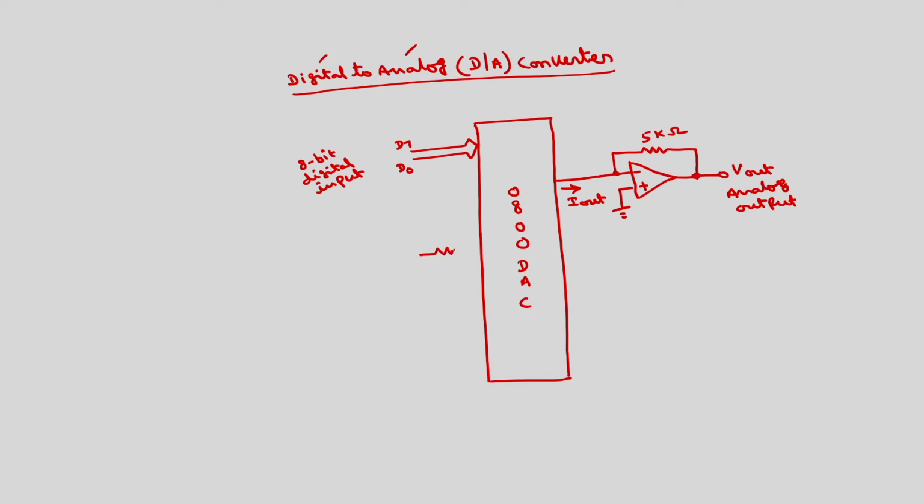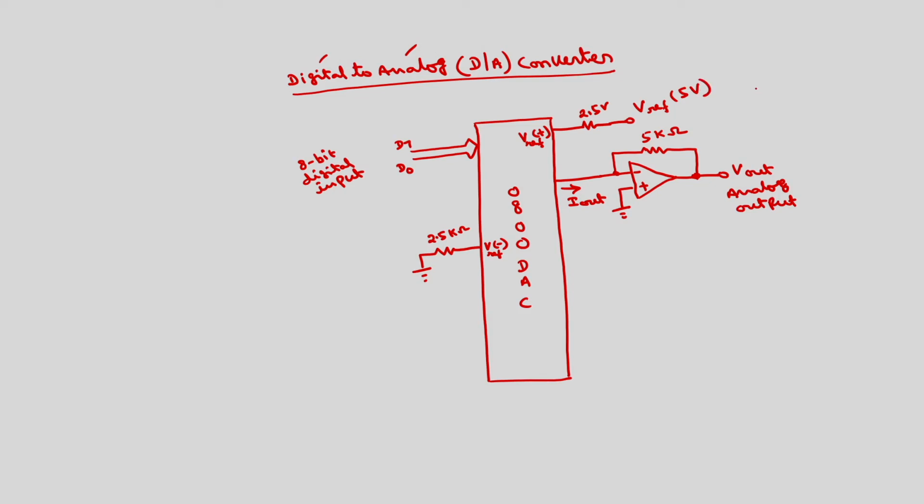If I want to use only a single polarity reference voltage, the other polarity has to be grounded. You have to connect through some resistance. Depending upon this resistance, the I reference current will change. So this pin is V reference minus, we are grounding. V reference plus, we are going to connect through the same 2.5 K to some V reference voltage, normally 5 volts to 12 volts.